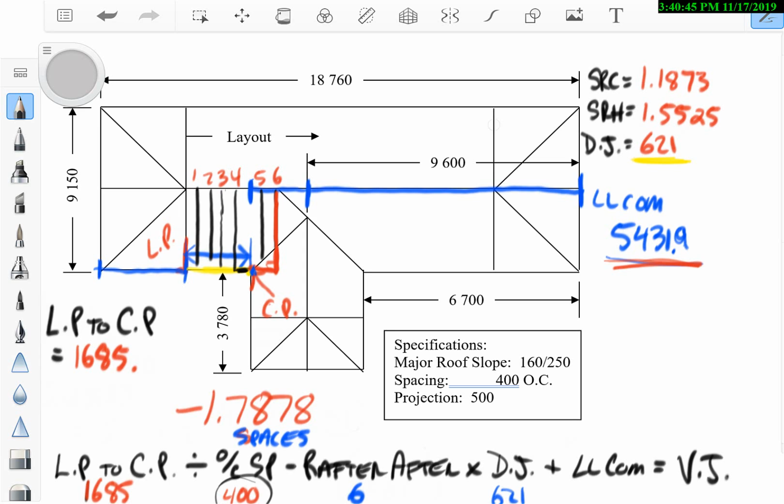We'll add to that the line length of our common rafter of 5431.9, and that now will give us the line length of, in this case, our second major valley jack, and that equals 4321.9. And that is the line length of this rafter right here, the second major valley jack.